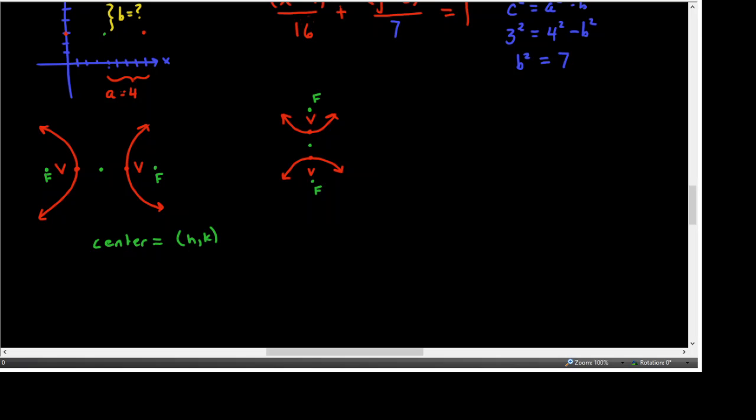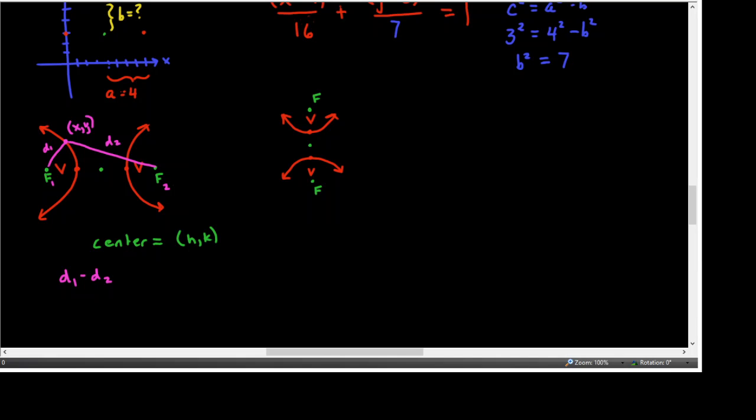And the definition of what makes it a hyperbola is that any point on either branch has coordinates (x, y). If you measure the distance from one focus, say this is focus 1, this would be distance 1, and the distance from that same point to the other focus, focus 2, this is distance 2, the difference between those two distances will sometimes be positive, sometimes negative, depending on which focus the point is closer to.